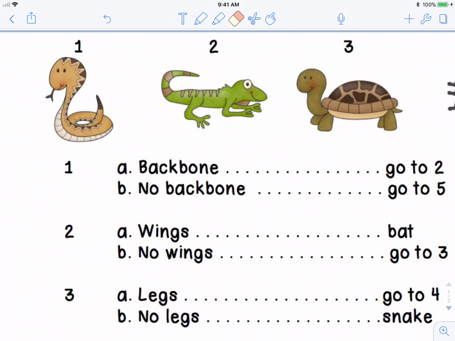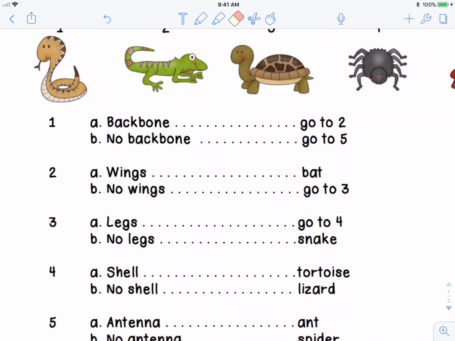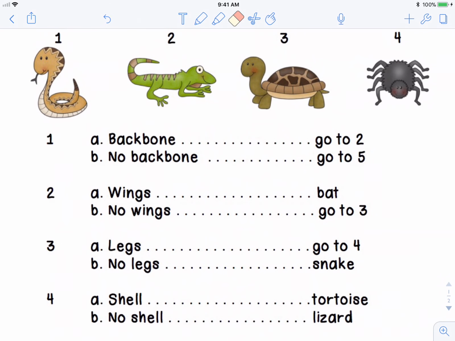So when we start looking at our organisms, okay, let's look at the first one, the snake. Or I guess we don't know what it is yet. Okay, but organism number 1. Our first question, we're going to always start with number 1, says, do we have a backbone or not? Here we definitely have a backbone. So it says go to number 2.